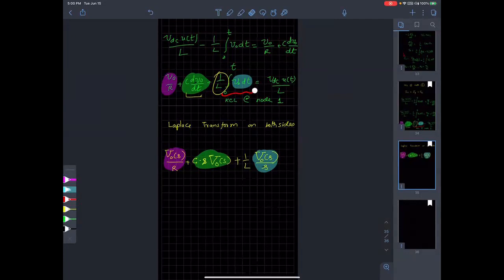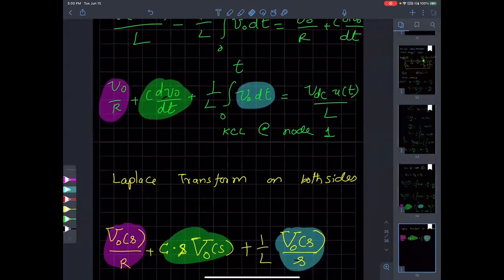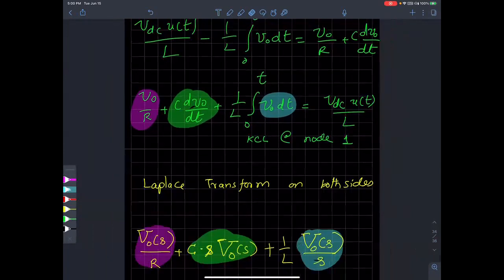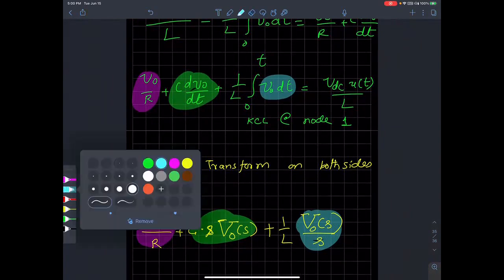Everybody with me? So all we have done: the purple part has its Laplace transform down below. The green highlighted part, the C dV by dt, has a Laplace transform equivalent, and the integral part has a Laplace transform equivalent. We still have to take care of this guy.